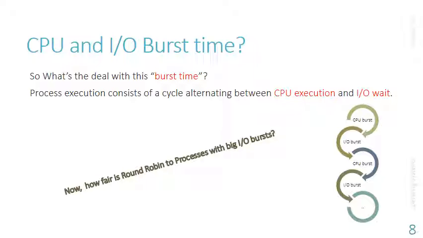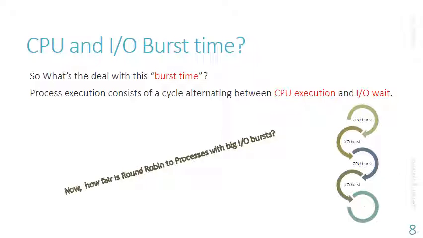So now, how fair is RR to processes with big IO bursts? They need a lot of IO and they might get blocked over those IOs. So you can see that it's not that fair with those processes.